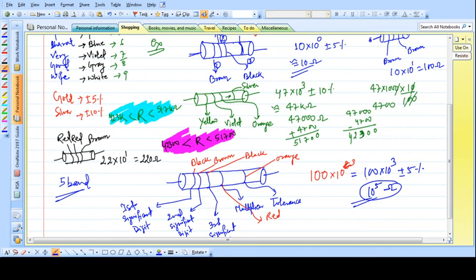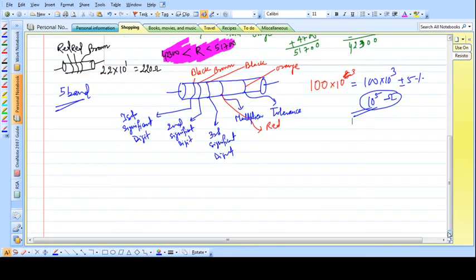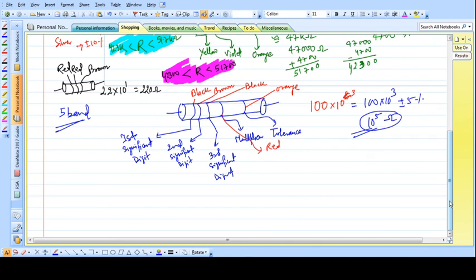Now one more band is there, the 6-band. For the 6-band, there are 1, 2, 3, 4, 5 and 6.